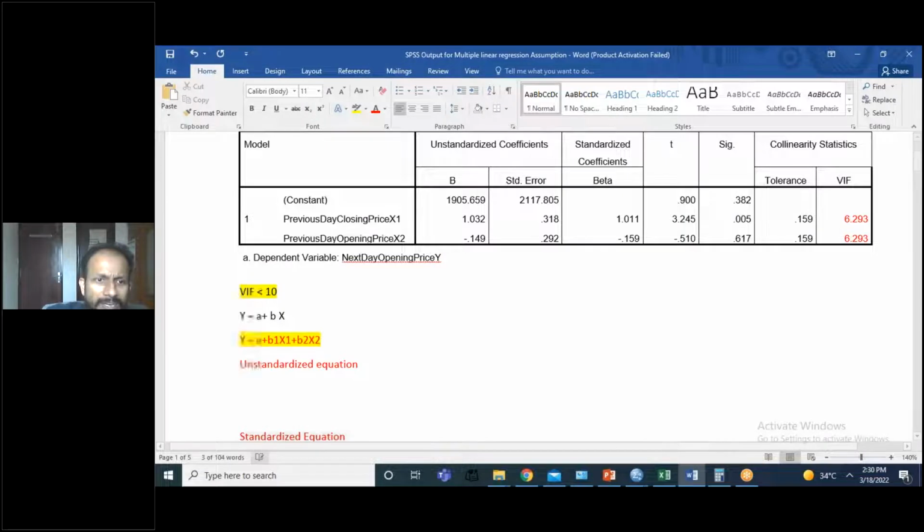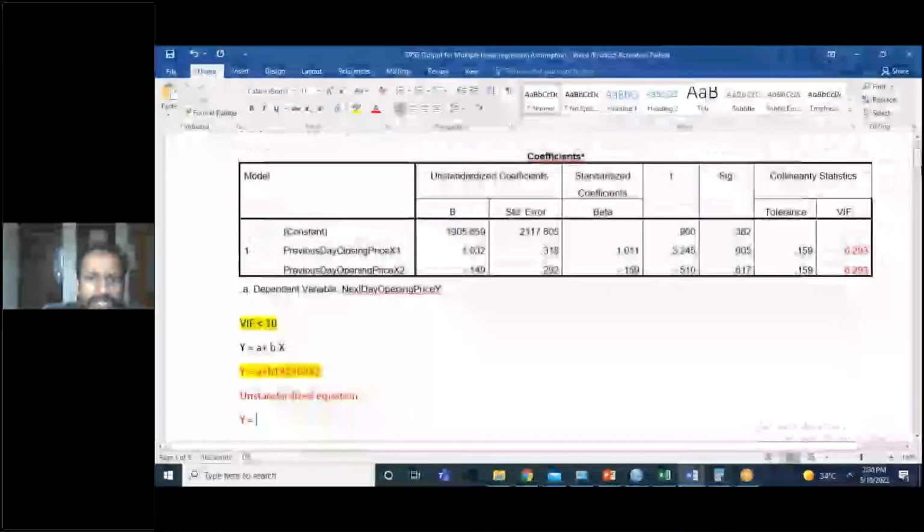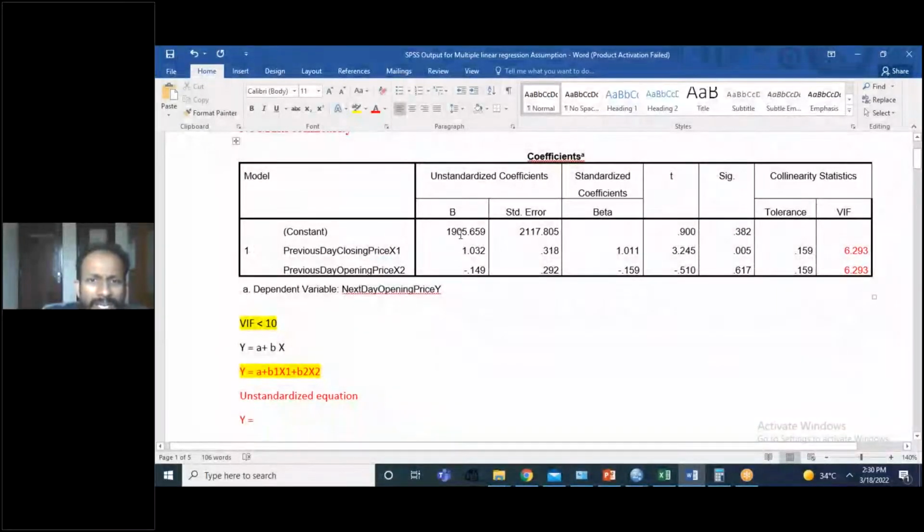This is the standard formula for multiple linear regression. Now what is y here? Y is the next day opening price. Here, what is meant by a? A is the constant. What is the constant here? It is 1905.6.